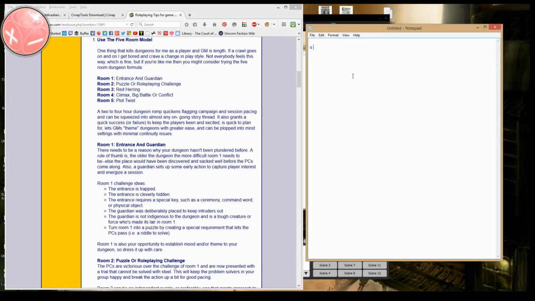So we can see here that it talks about room 1, the entrance and guardian, which is basically a reason why the plot hasn't been dealt with or investigated before. We have room 2, which is a puzzle or role-playing challenge, and this is a trial that cannot be resolved by combat.